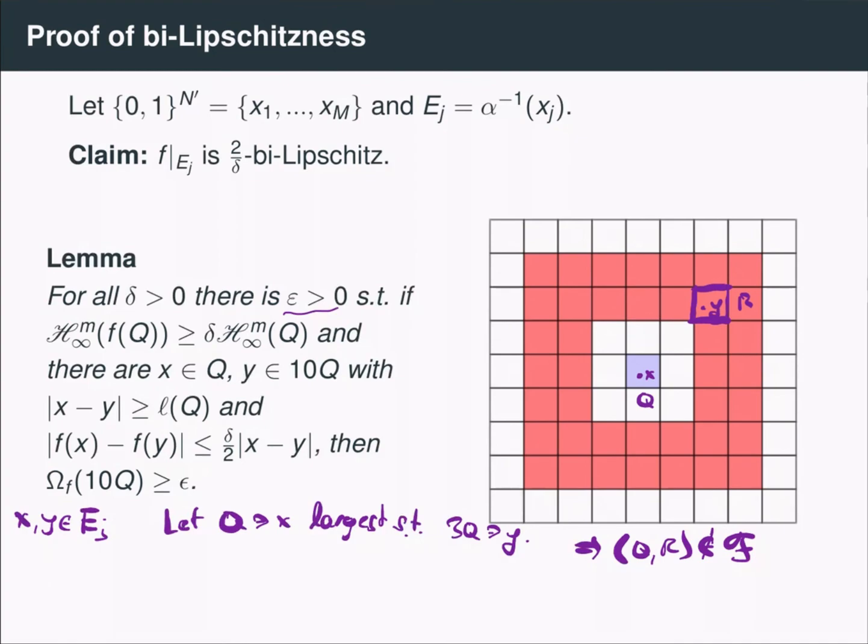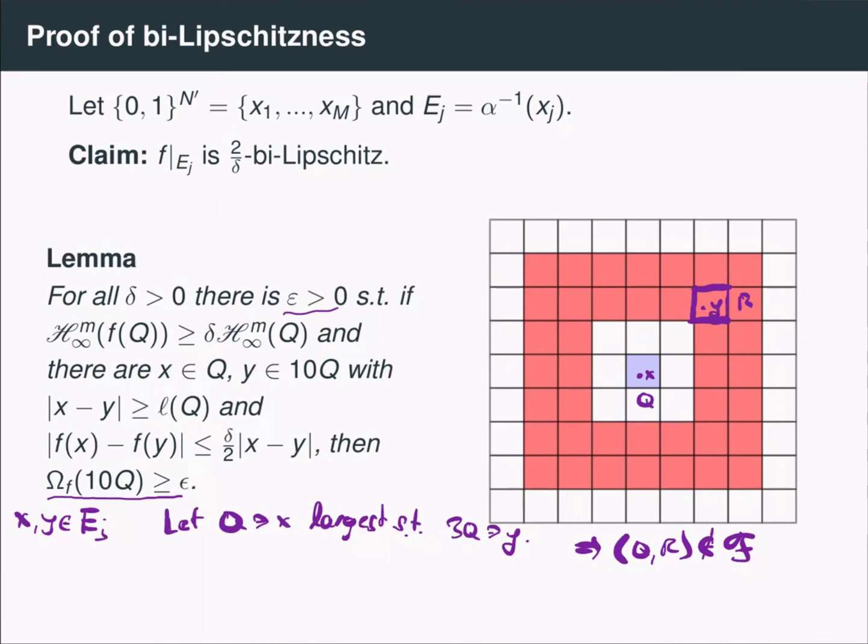So because Q and R are not a member of our list of pairs F, recall that these pairs were lists of cubes Q and R where both Q and R were inside E1. Okay, so remember what it meant to be inside E1 was that the omega number for 10Q was at least epsilon.